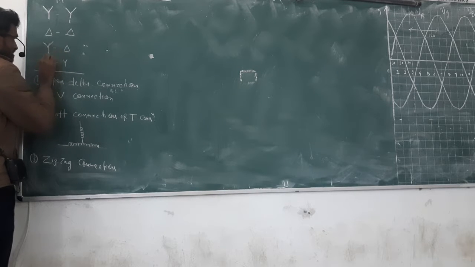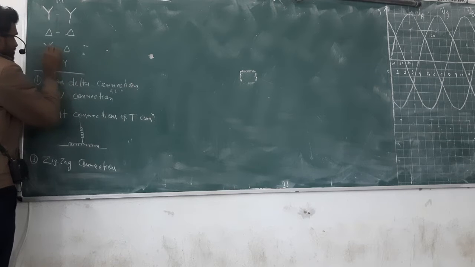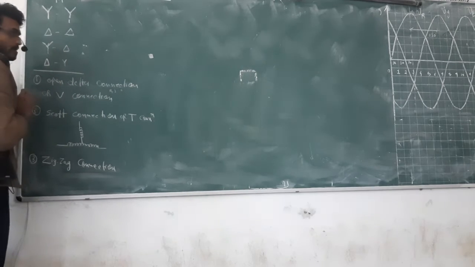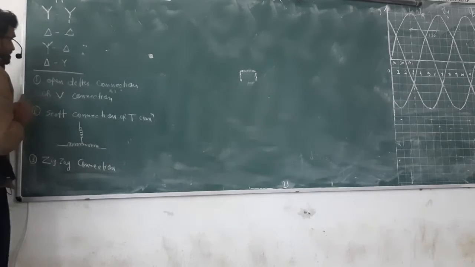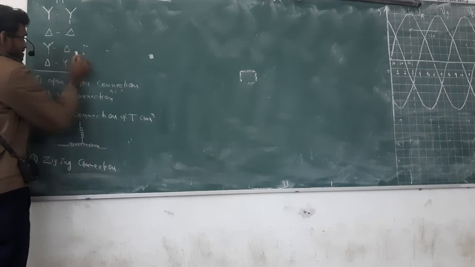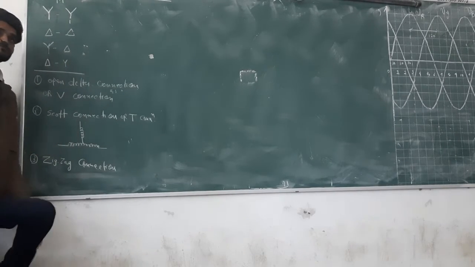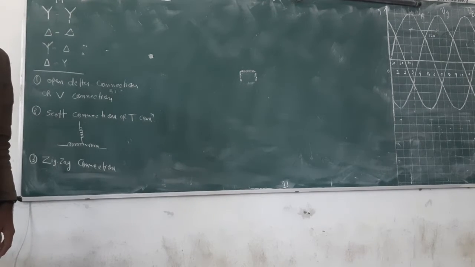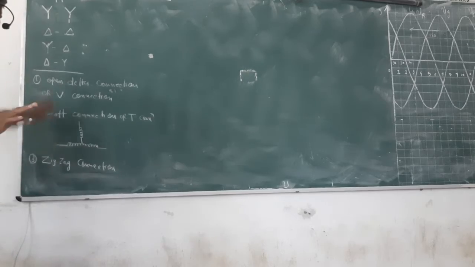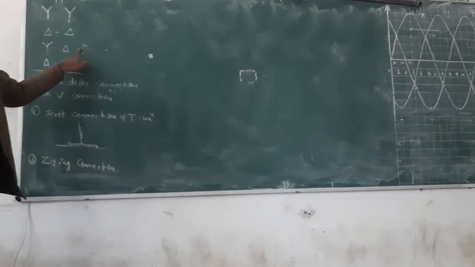Whatever the voltage in this winding, the same will be induced here. It is a 1:1 transformer, so the same voltage will be there. After that, you collect it here, so that will be a little bit less, √3 times less. Are you getting this concept or no? √3 times less voltage will be here.